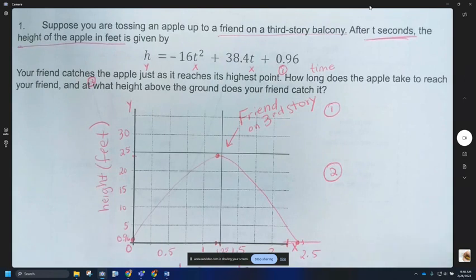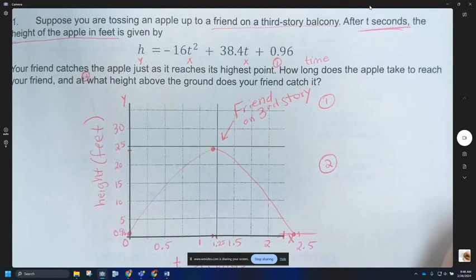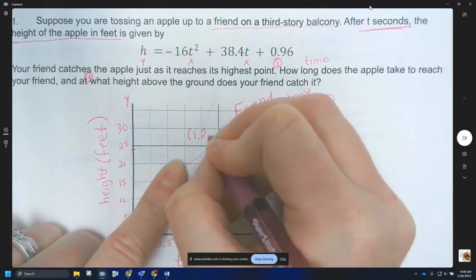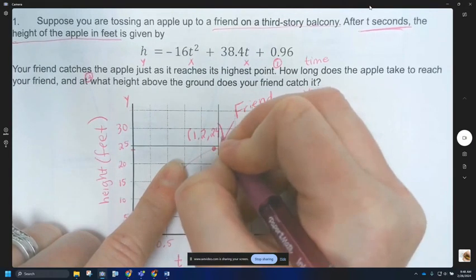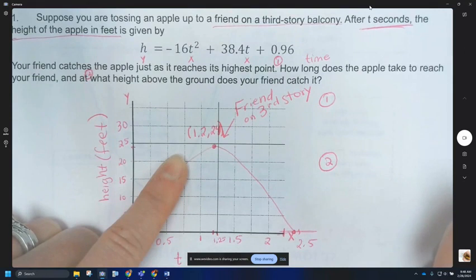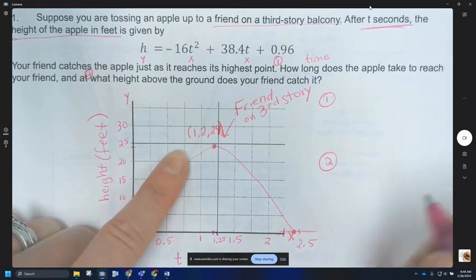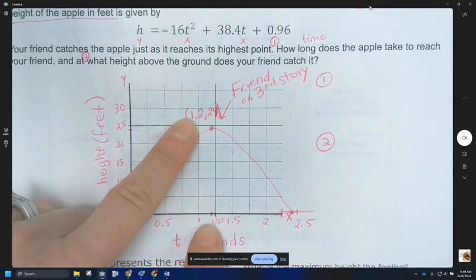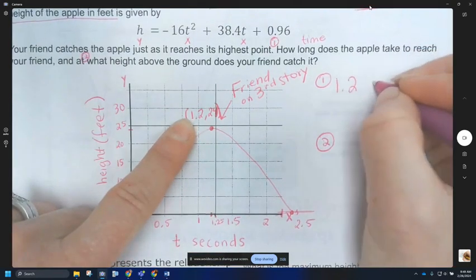So how long does it take? How long is how many seconds? So let's write the coordinate pair for that. That was 1.2, 24. And we got that from Desmos, from the graph. So it says, how long does it take to reach your friend? X is our seconds, so it was 1.2 seconds.